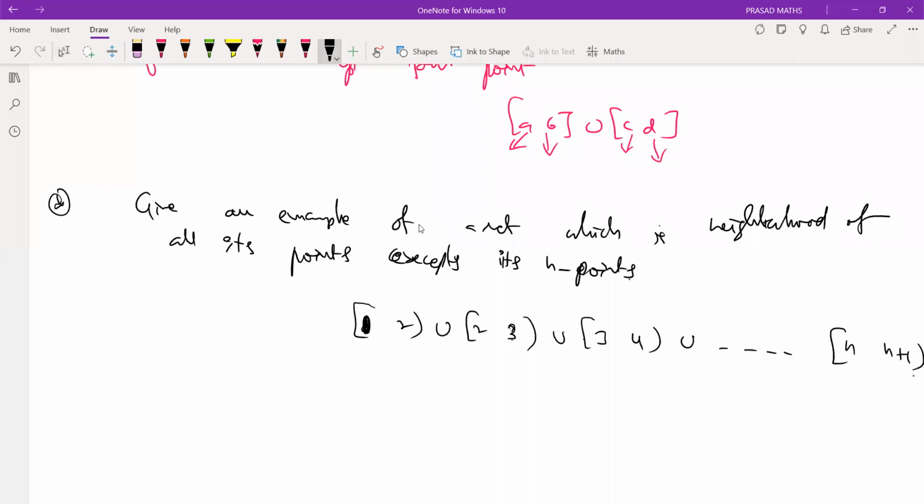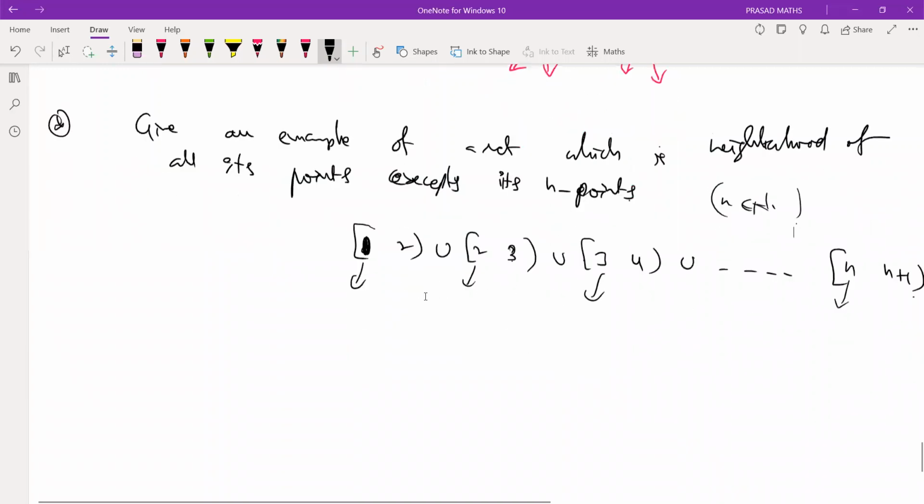It's enough, right? Yes or no? The problem comes with 1, with 2, with 3, with n. Therefore, the troubling points are n points. For the remaining points, there is no problem. Therefore, it is a neighborhood of all its points except 1, 2, 3, 4, 5 up to n, where n is a fixed positive integer.